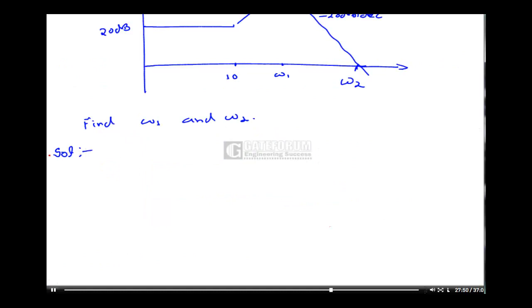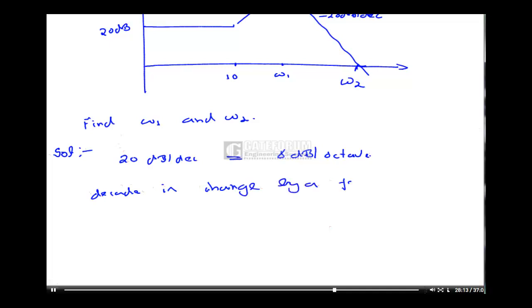To solve this, we should know one more thing. 20 dB per decade is equal to 6 dB per octave. Decade is change by a factor of 10.